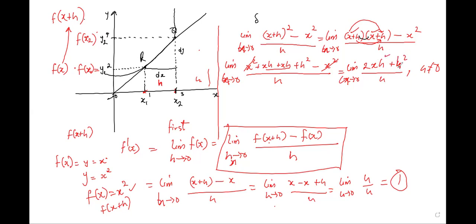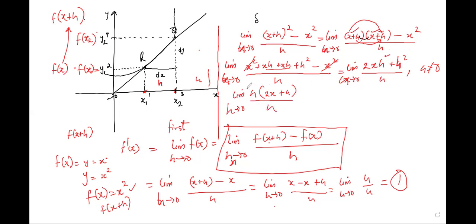So I have the limit as h tends to 0. I can remove one h here. If I take out one h here, I have 2x. I take out one h here, I have h plus h. Then divided by h.